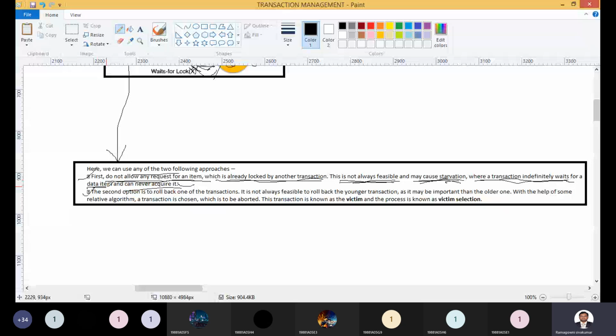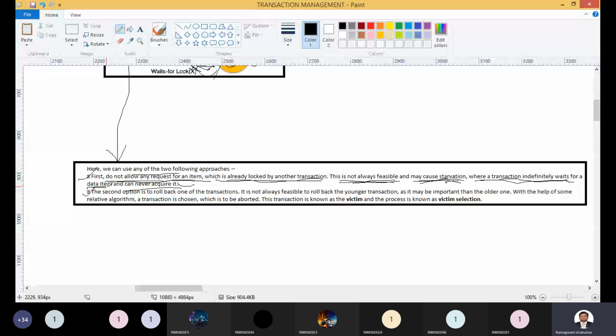So with the help of some algorithm, a transaction is chosen which is to be aborted. This transaction is known as the victim, or the process is known as victim selection.